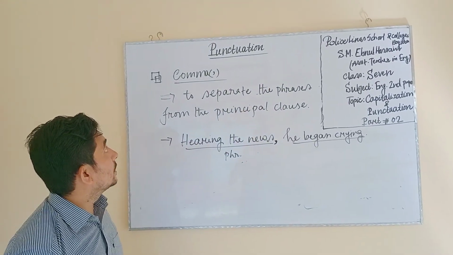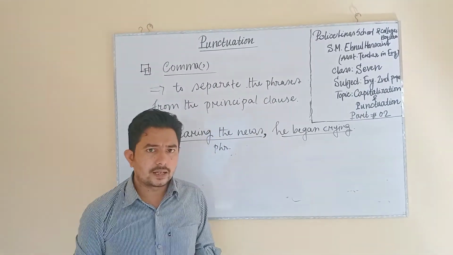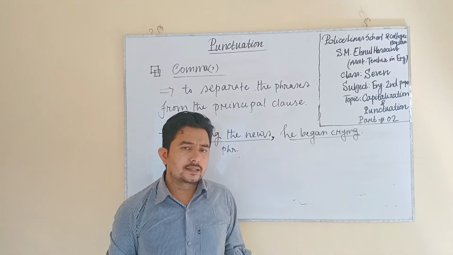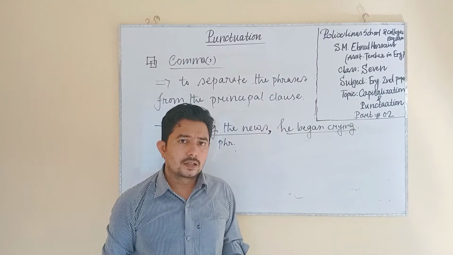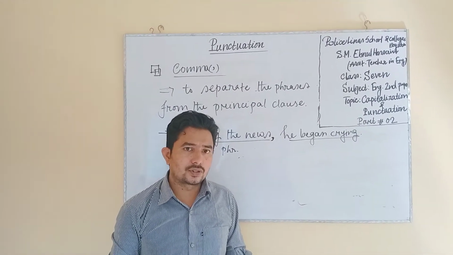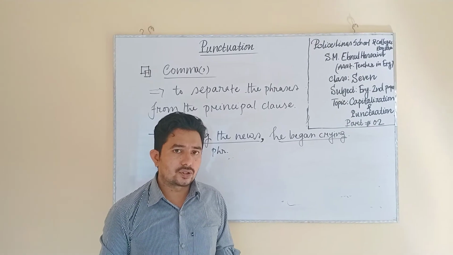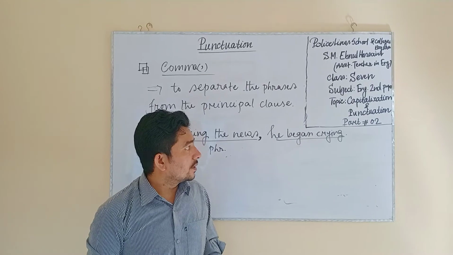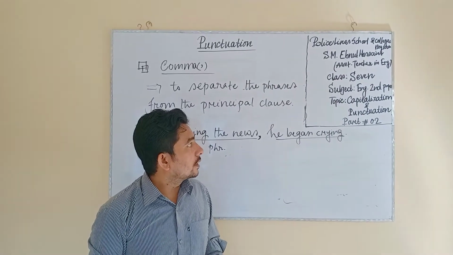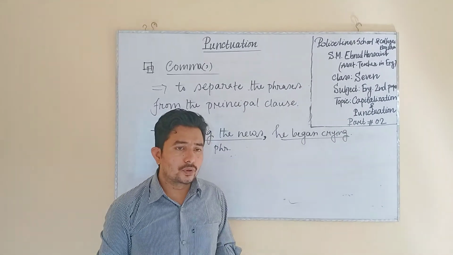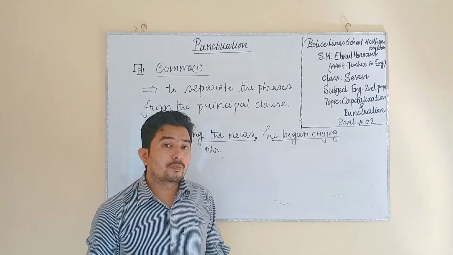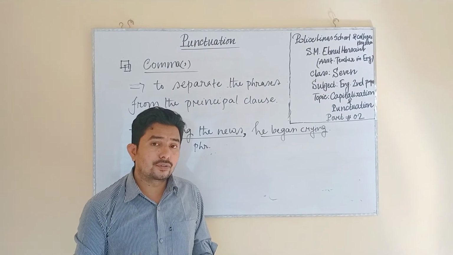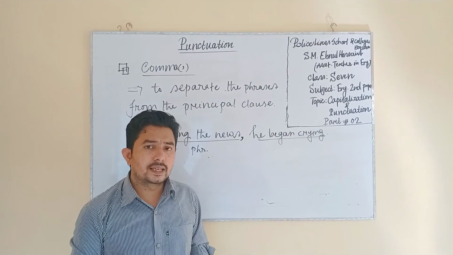So this is the major use of comma, and this very important punctuation needs several more classes to cover the range of the topic. This is part 2, but in part 3 of capitalization and punctuation we will discuss more punctuations, because there are a lot of punctuations used in the English language.